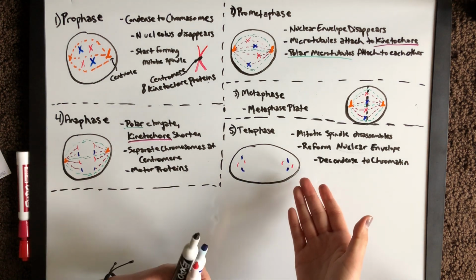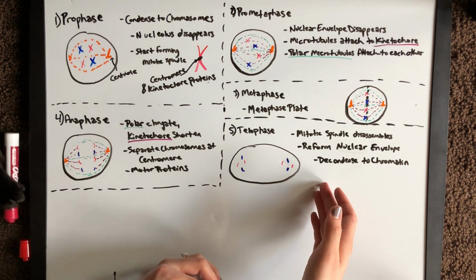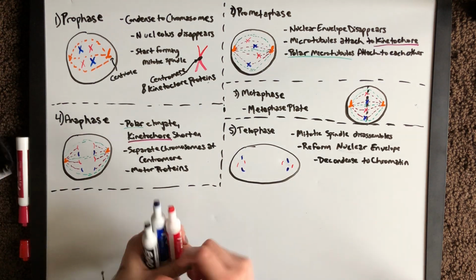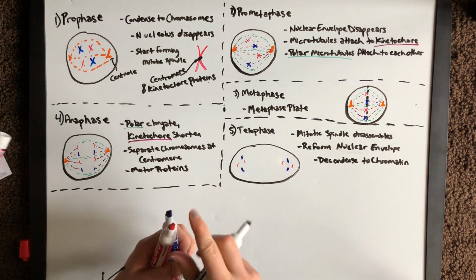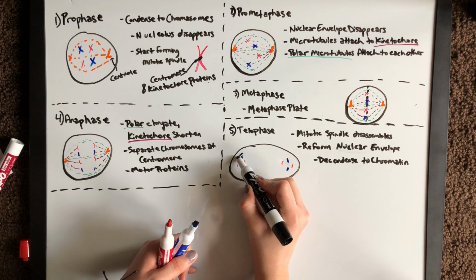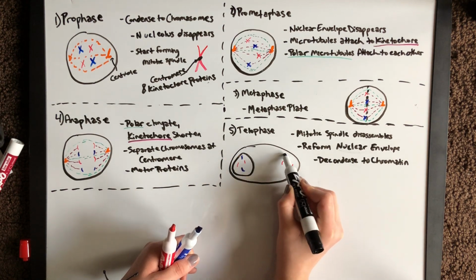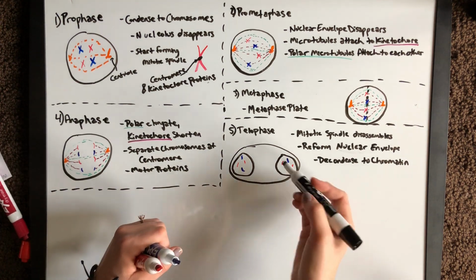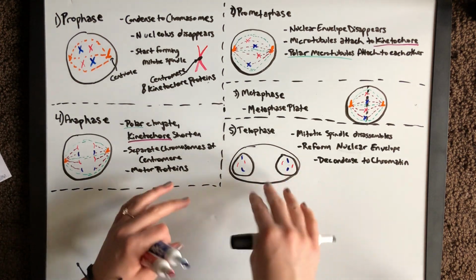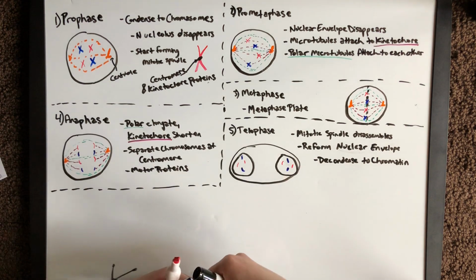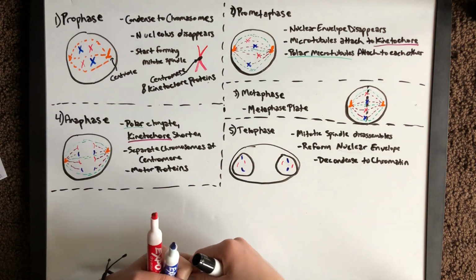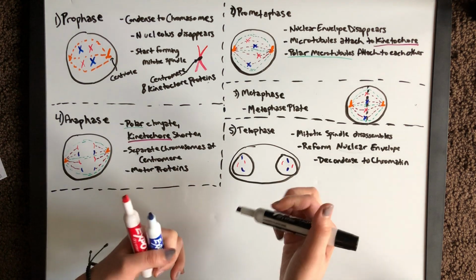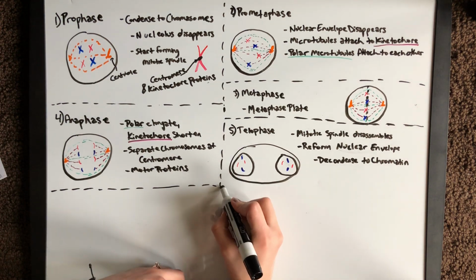Our mitotic spindle with those microtubules are gone. We're reforming a nuclear envelope around those. And then those will decondense back to be more like just a glob of DNA, but for our purposes, we'll continue to draw them like that just because it's easier to visualize.